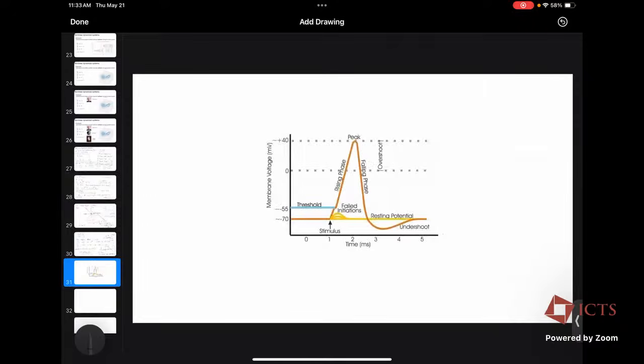So the first thing we're going to think about again is the idea of an action potential. Just to remind everyone, what is an action potential? We know that a neuron's membrane lives at some resting potential, as shown over here.